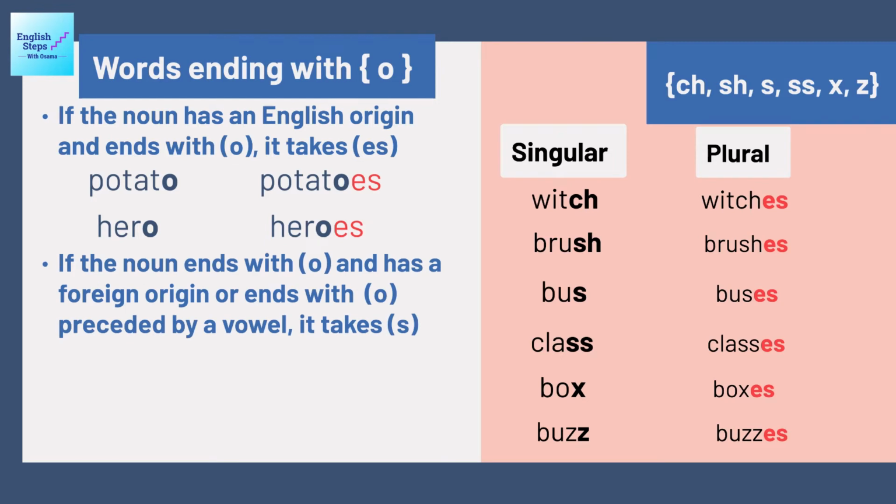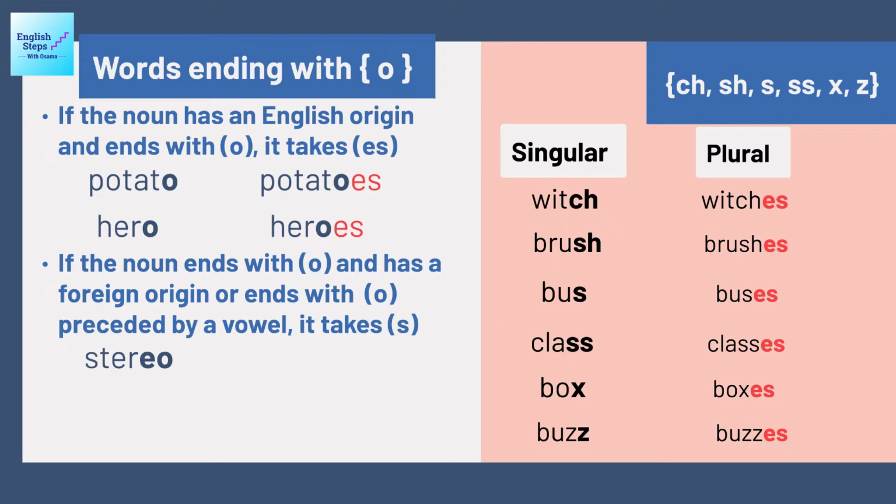But if the noun ends with O and has a foreign origin, I mean the word comes from another language like Italian or French, etc., or the word ends with O but is preceded by a vowel, it takes only s. For example, the word stereo.